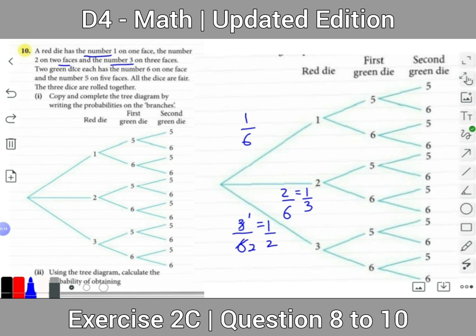two green dice each have the number 6 on one face. In each case the number of total outcomes is 6, just because a die has 6 faces.